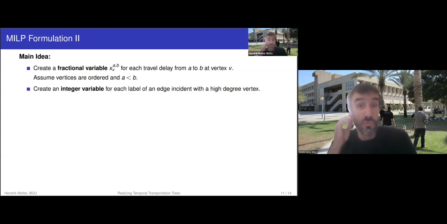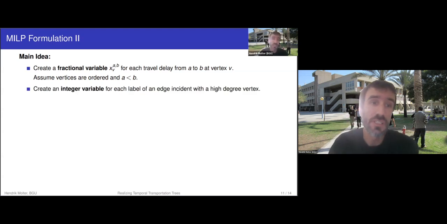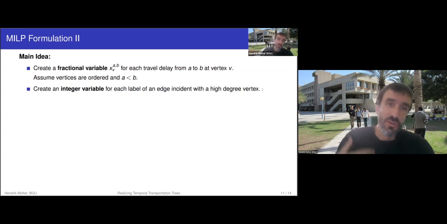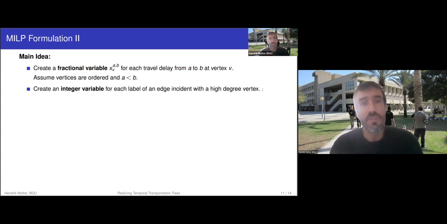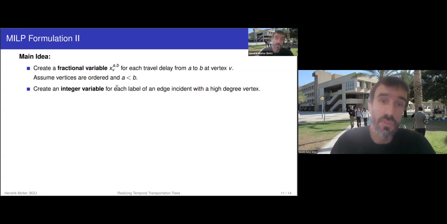And what we now do to deal with the high degree vertices, we create an integer variable for each label of an edge that is incident with a high degree vertex. So note that the number of integer variables here is bounded in the parameter, because we know that the number of high degree vertices and also the degree of those vertices is bounded by the number of leaves of our parameter.